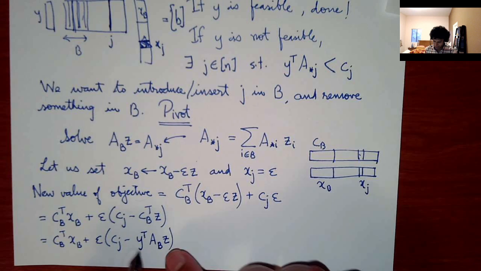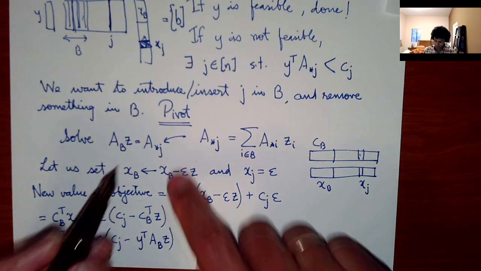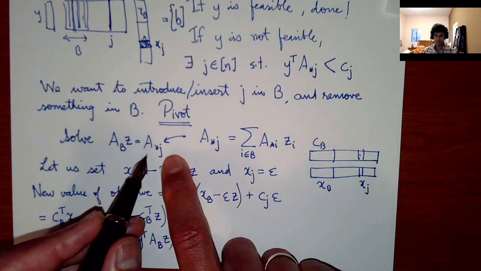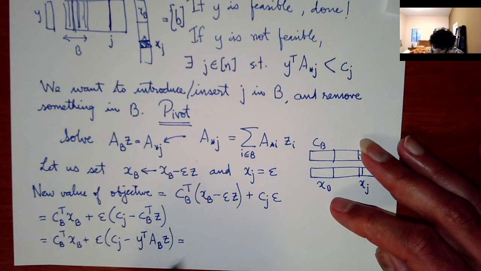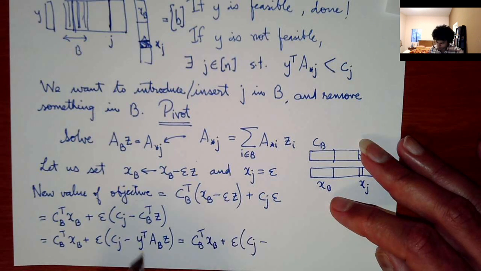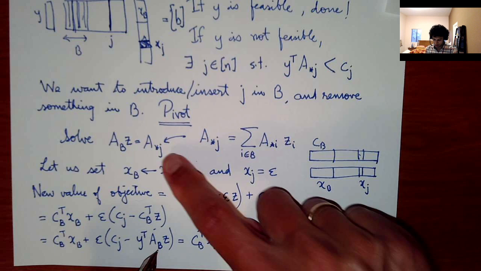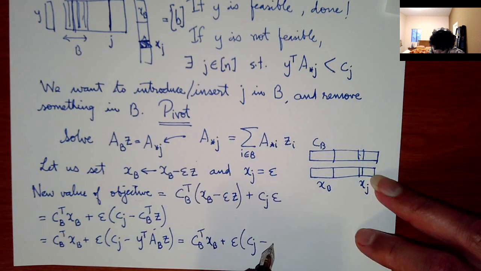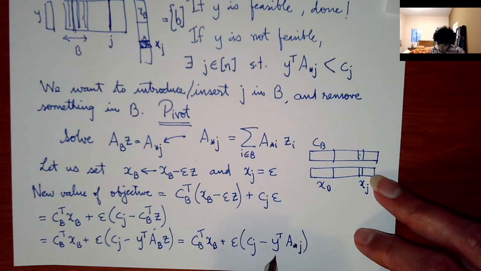But then A_B times z is basically A star j. So what I get here is C_B transpose xB plus epsilon times (Cj minus Y transpose A star j). But Y transpose A star j is strictly less than Cj. That's why I chose j.